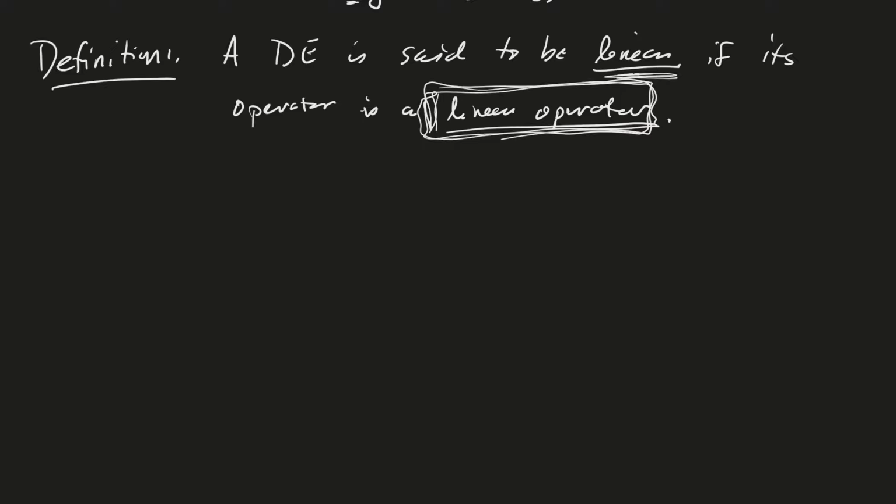Good. So suppose I'm going to call my linear operator L for generic linear operator. We know, for example, the first order linear differential equation looks like y prime plus p of t times y, and we know that's a linear operator. Why do we know that?